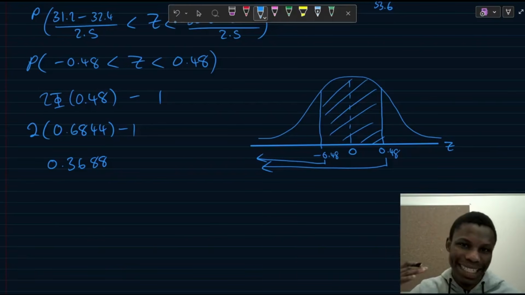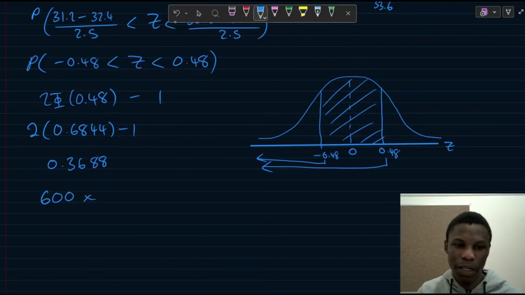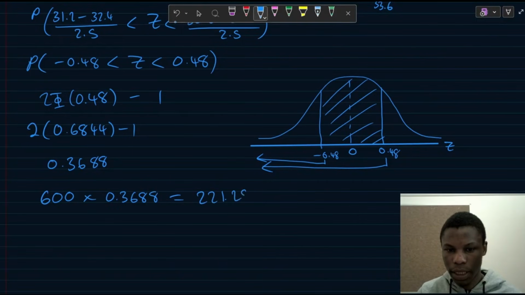What about 600 competitors? So that becomes 600 multiplied by 0.3688. And so that gives us 221.28. So round up, that means we would expect 222 competitors to have a time within 1.2 minutes of the mean time. So 222 competitors.